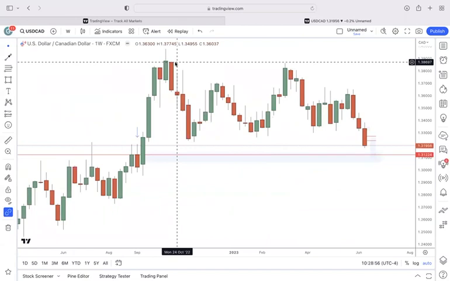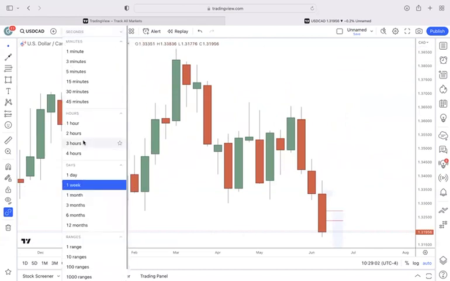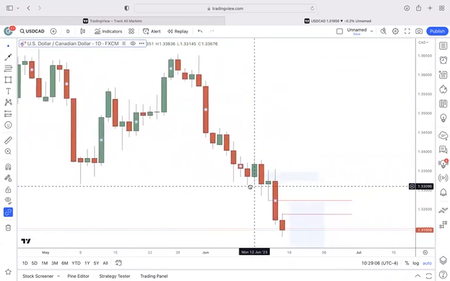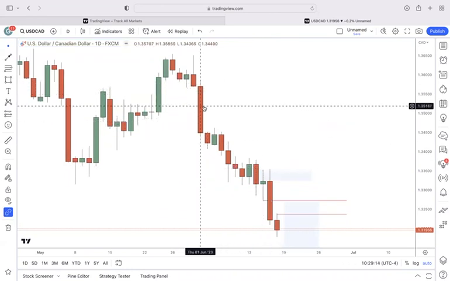If price were to trade through the fair value gap, that would invalidate our bearish order flow. No, if price trades through these highs right here, that invalidates bearish order flow. Then we could probably come up into here.